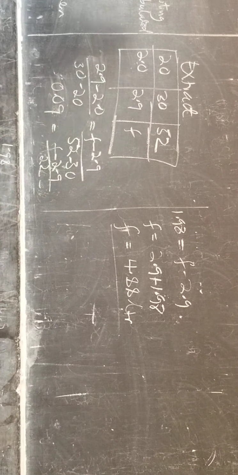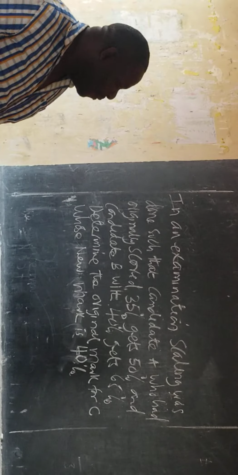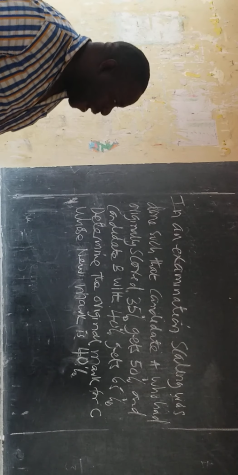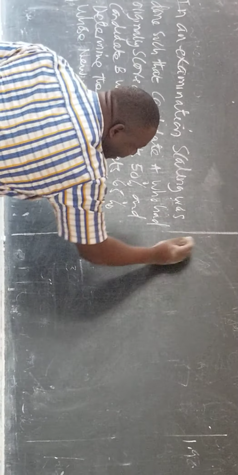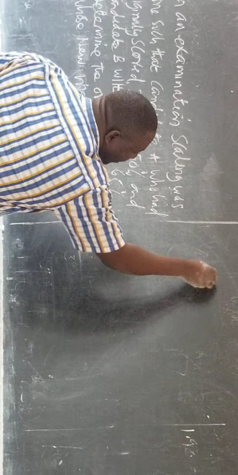They are saying determine the original mark for C, whose new mark is 60. So it means that originally students sat the exams, and maybe the scores were not good, so the committee decided to scale them to improve their performance.